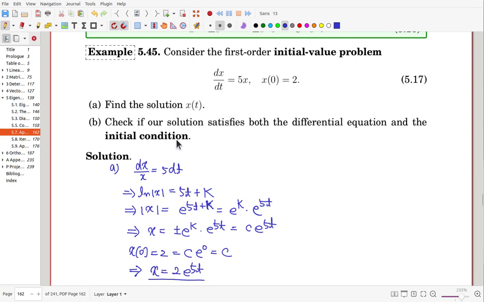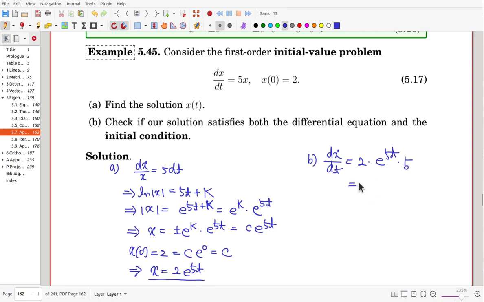Now check if our solution satisfies both the differential equation and the initial condition. For that, if we differentiate it, dx over dt, then there's a constant, and then by using the chain rule, we have e to the 5t, and then we have 5 here.